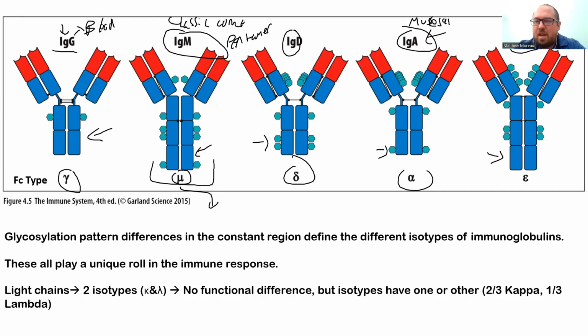And then IgE, which is a very specialized kind of antibody. This is important for the activation of mast cells and eosinophils. So it is predominantly only produced during an anti-parasitic, and by parasitic I mean anti-multicellular parasite, or allergic reaction. Allergic reactions are when you get IgE.